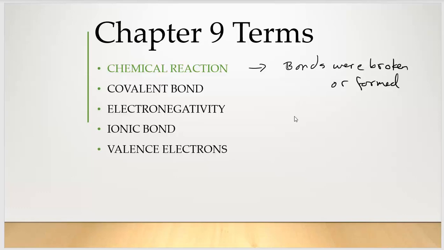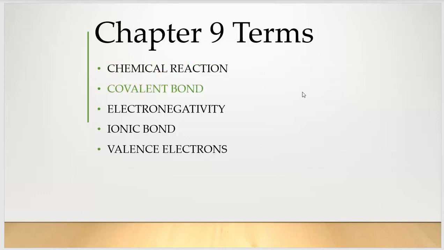It's just a physical action. But if it actually starts to interact with the oxygen in the air or interact with the nitrogen in the air, you then have a chemical reaction. So that's really important for you to understand in terms of chemical reaction. Bonds have to be broken or formed, or both. It could be either. It can be and/or.